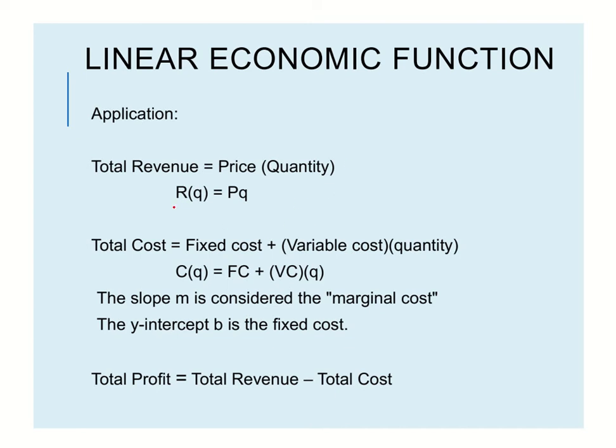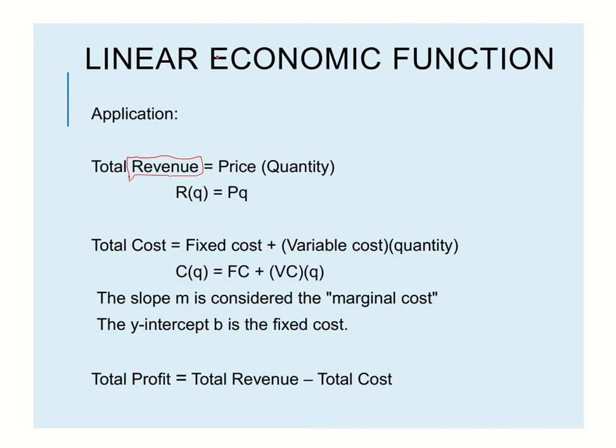In economics, if you are doing business, the money you collect is called the revenue. Now, how do you calculate the money you collected from a business? It will be the selling price multiplied by the quantity.